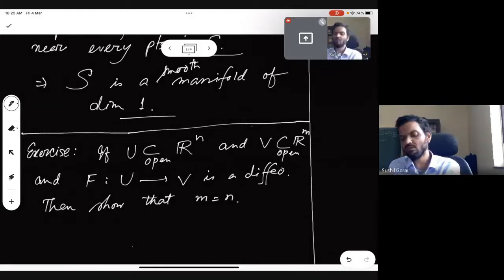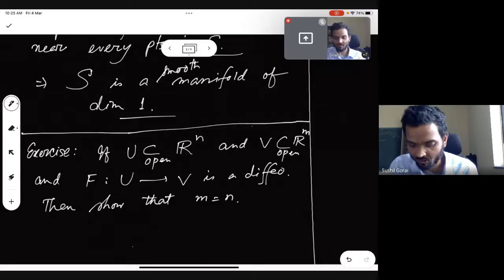Well, what you need to look at is the dimension of the tangent space of R^n, which you already know.